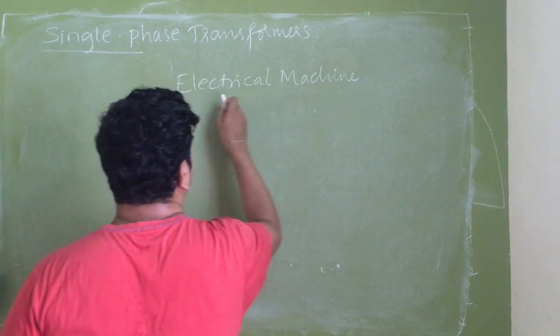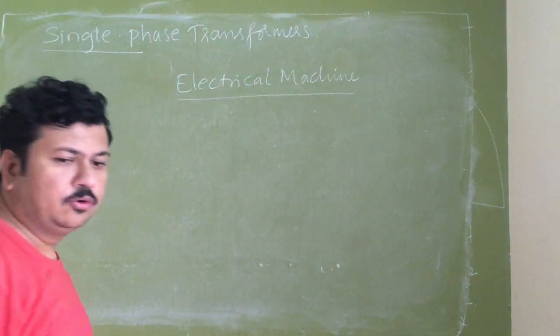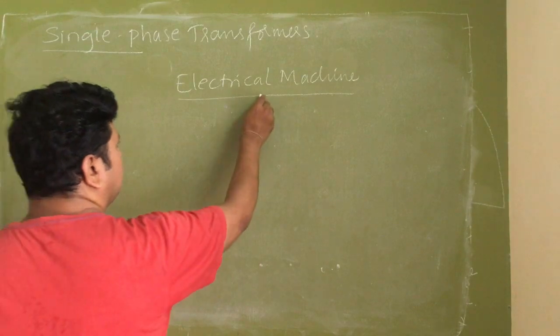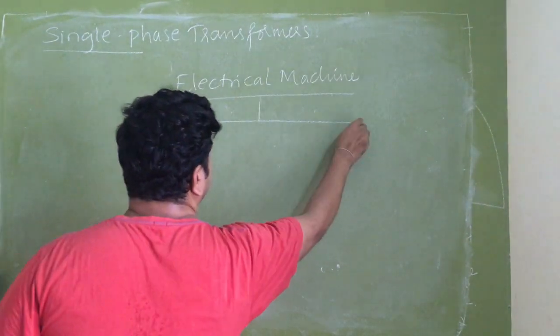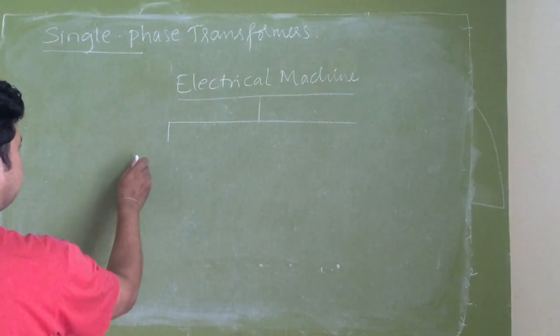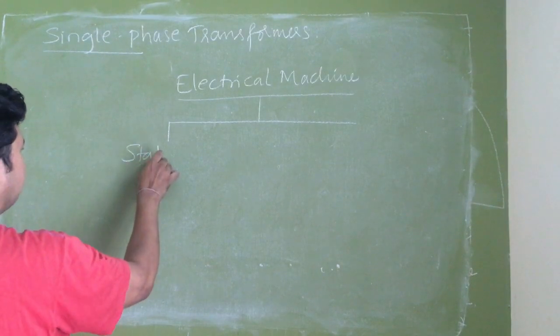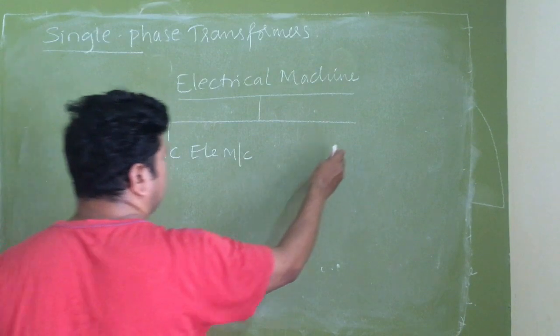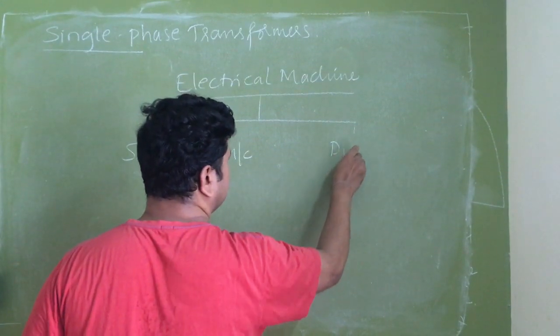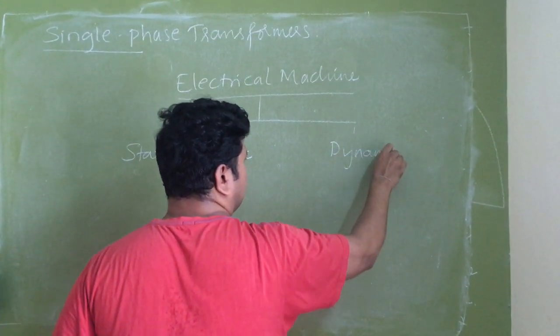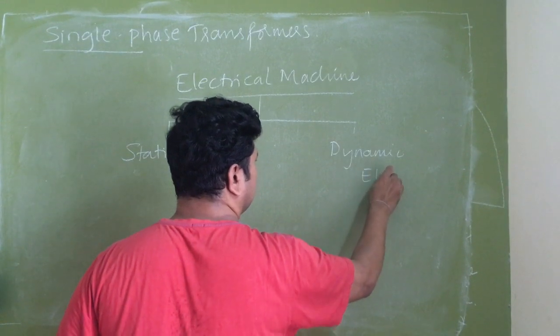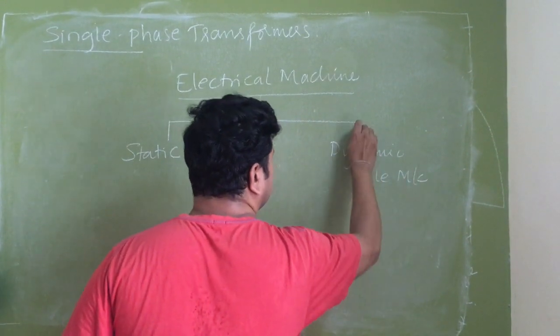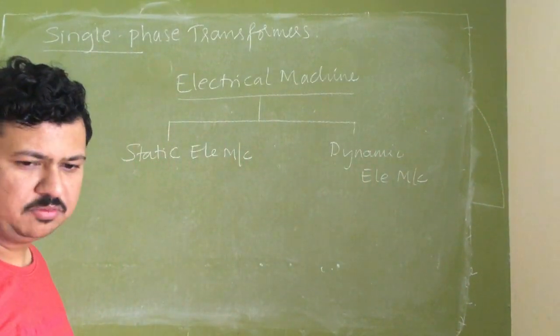Electrical machines are of two types: static electrical machine and dynamic electrical machine.